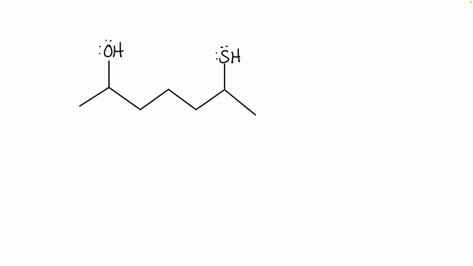I want everybody to complete those first 3 steps for me, finding and naming our parent chain, finding our substituents. I guess really what I want you to do is put in the numbering scheme here for this chain, all right? And then we'll talk about how we're supposed to name it.